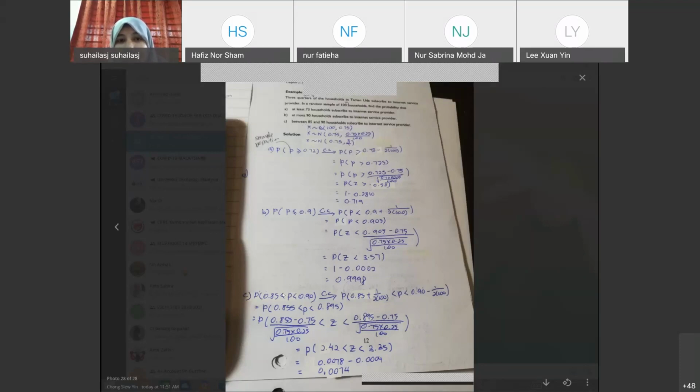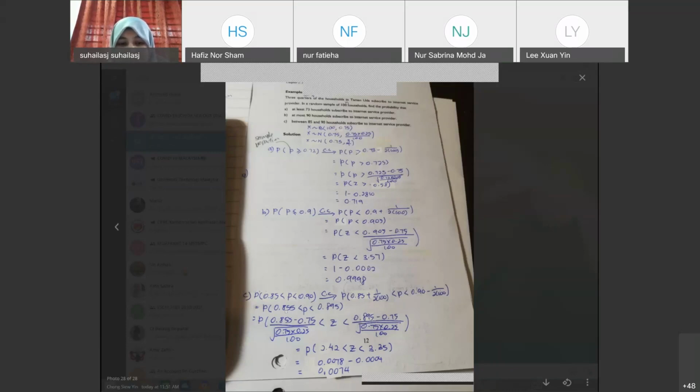Second question, between. For between, you don't have to put the equality sign. It's just between 0.85 and 0.9, so you do it step by step. P greater than 0.85 is just outside the bar, so 0.85 plus 1 over 2n. The other one, P less than 0.9, does not include the bar, so 0.9 minus 1 over 2n.